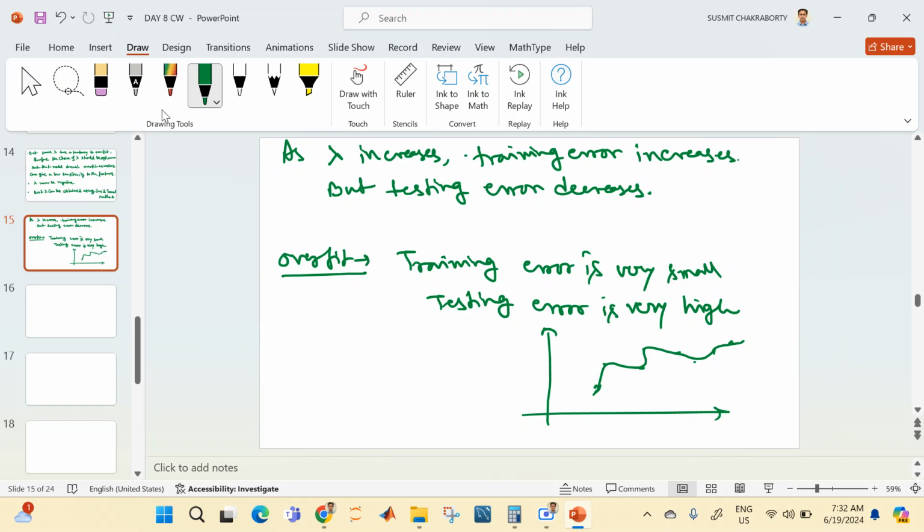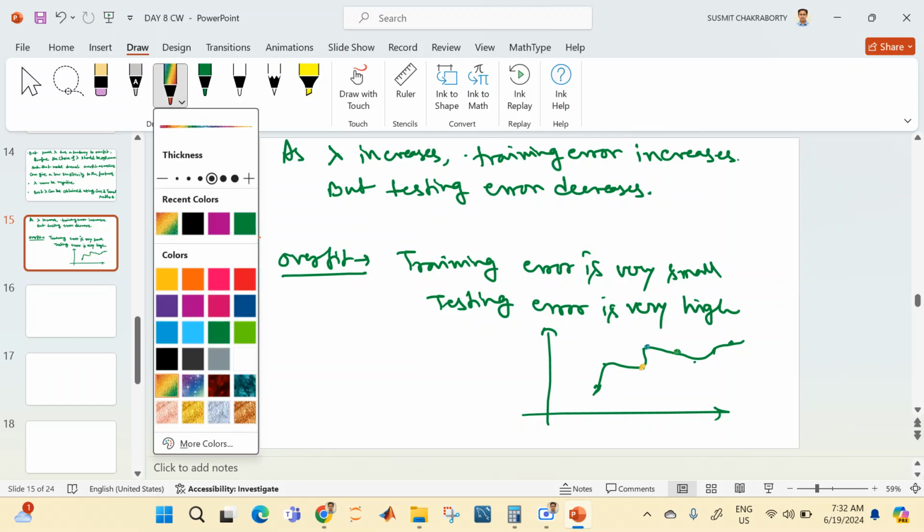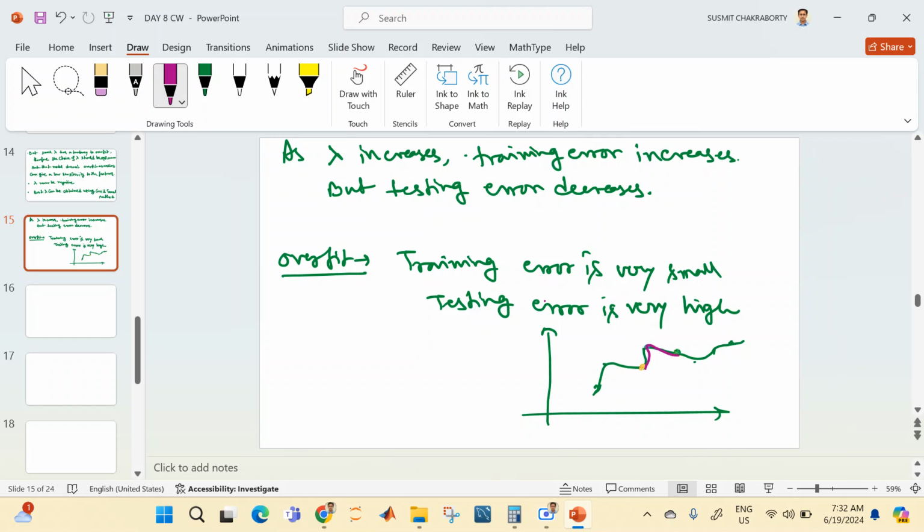We can fit these points by this line, or this line, or this line, whatever.